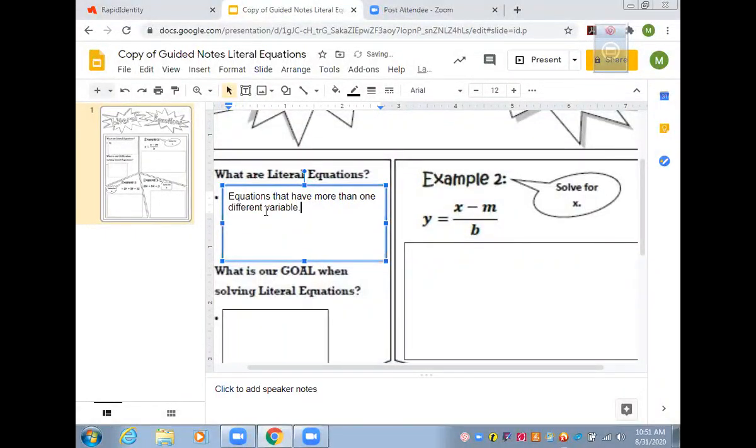If you click on the little magnifying glass, you can click like 100, 200%, whatever it is. So literal equations, equations that have more than one different variable.